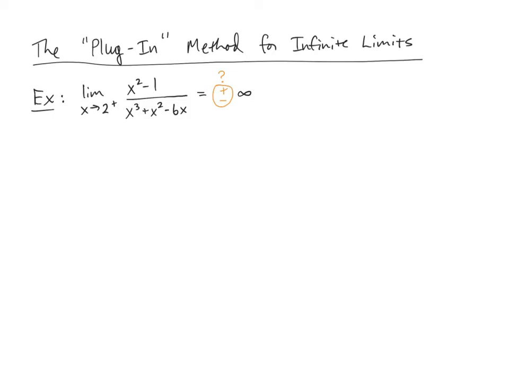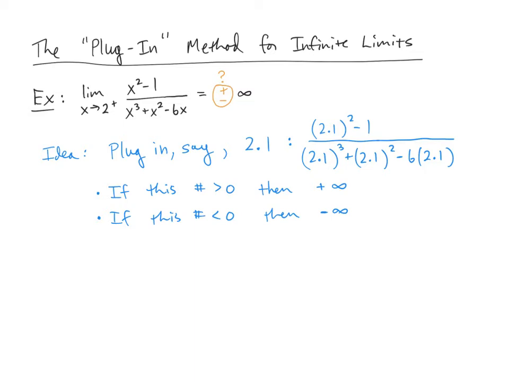And to determine this, some of you were advocating the idea that we should plug in a point that's close to 2 from the right in order to evaluate the sign of the resulting quantity, and that would help us decide between positive or negative infinity.